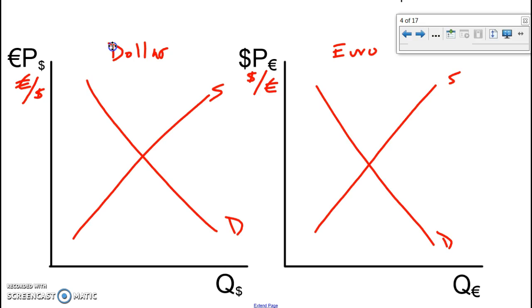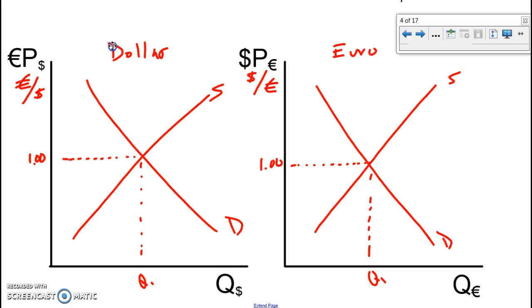And let's say that the two currencies start out at approximately a 1-for-1 ratio. So the euro price of a dollar is 1, and we're just going to call this Q1 because I don't know how many would be exchanged. Let's just imagine in the units on this one, this is also 1. And that is basically how they started out in 2002.